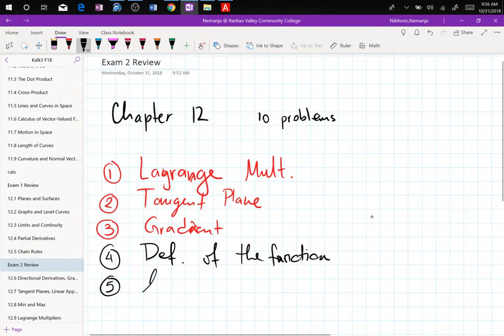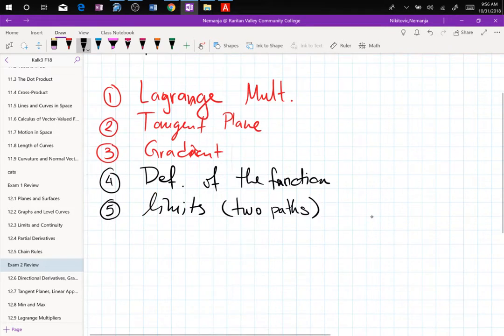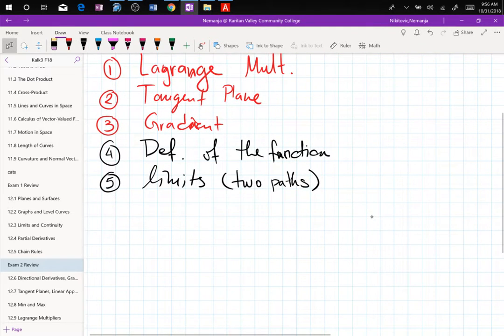Number 5, don't forget about the limits, especially 2 paths or so. Obviously, if you are able to plug a number in and come up with a solution, you are done. We have limits that you solve by factoring and algebra, which is one way to deal with it, and then you have 2 paths to show that the limit does not exist. Number 6, continuity.